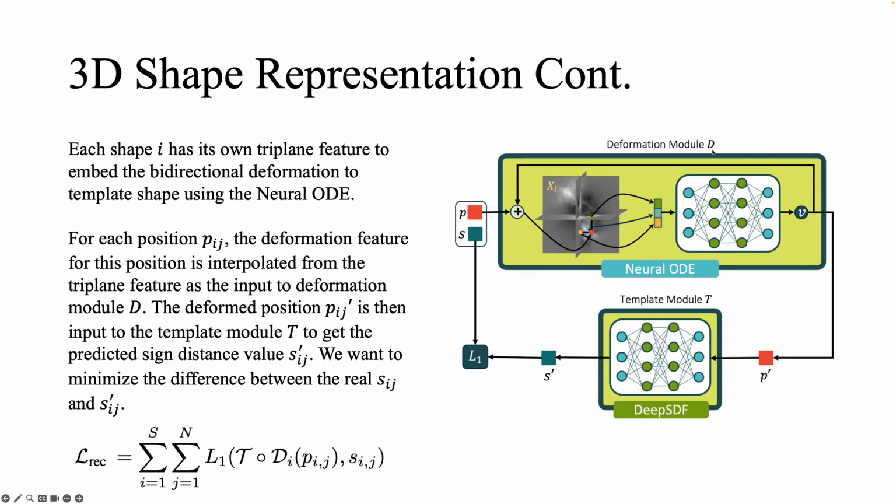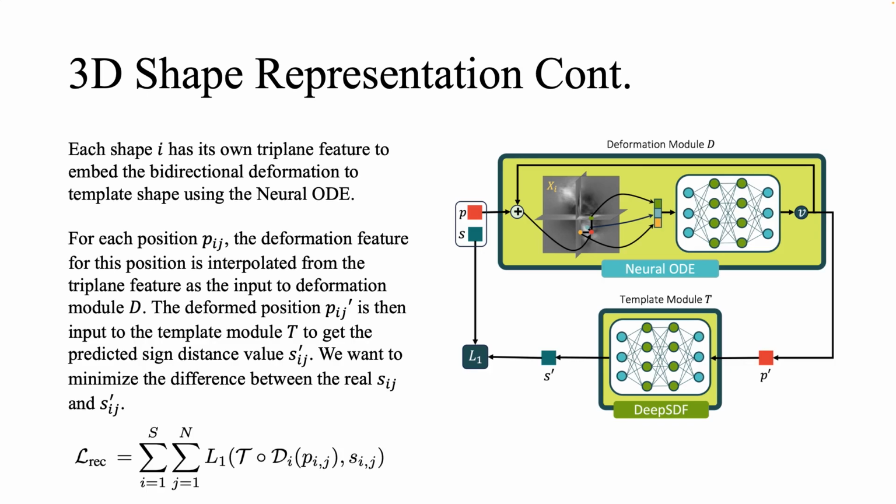Specifically, each shape i has its own triplane features to embed the bidirectional deformation to the template shape using Neural ODE. For each position P_ij, the deformation feature for this position is interpolated from the triplane feature as the input to the deformation module D. The deformed position P_ij is then input to the template module T to get the predicted signed distance value F_ij prime.